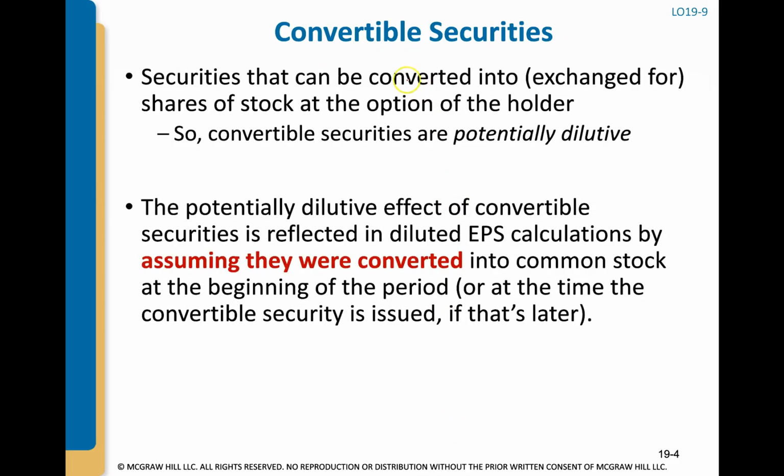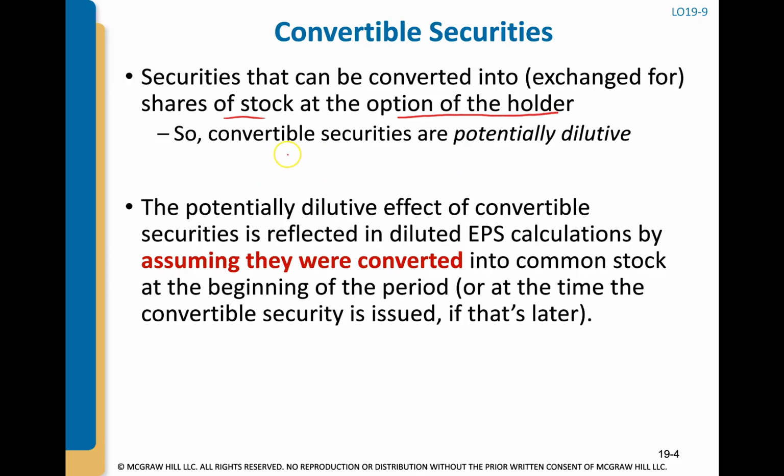So what are convertible securities? These are items that can be converted in exchange for shares of stock at the option of the holder. So it could be that more shares will be issued.